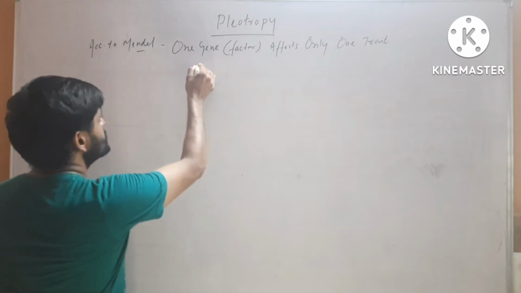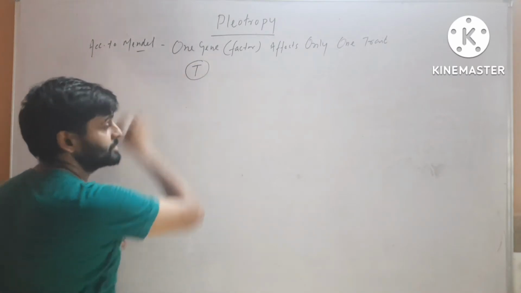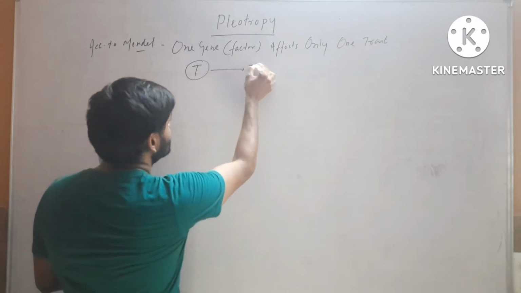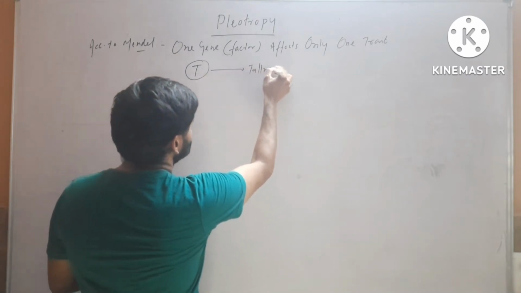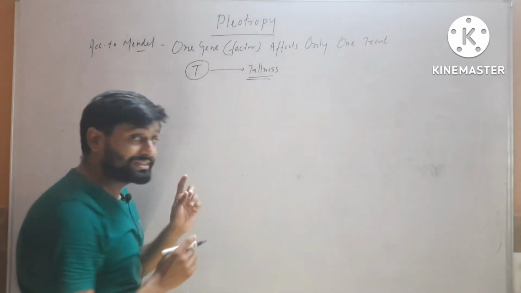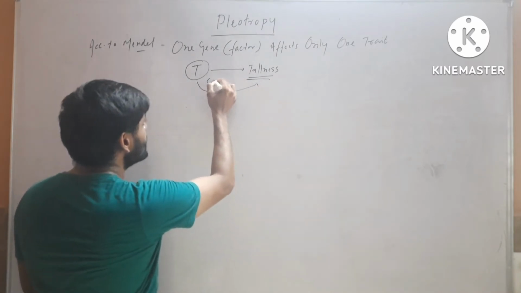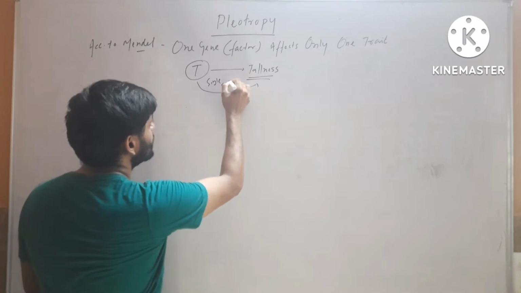For example, suppose this is a gene capital T. This causes tallness. So this gene affects only a single trait.